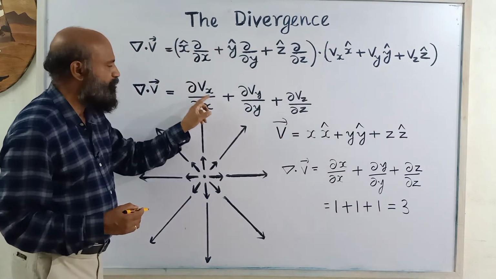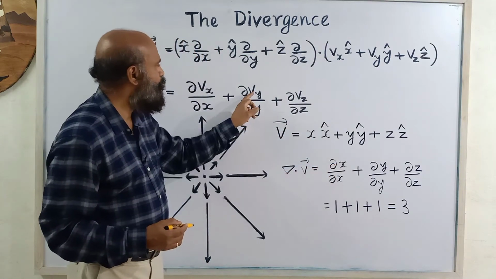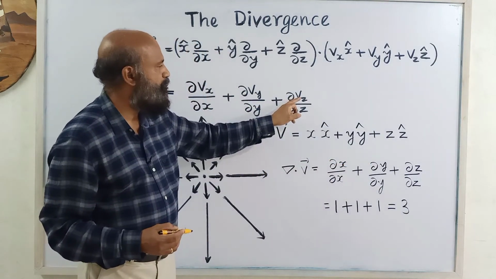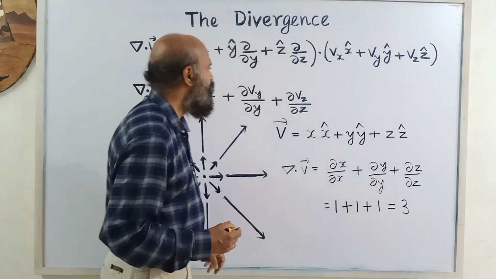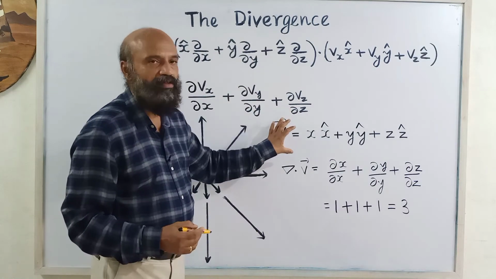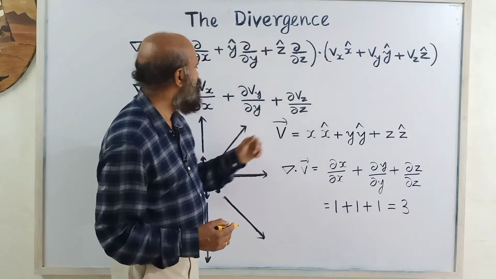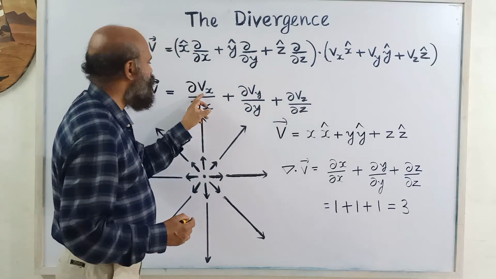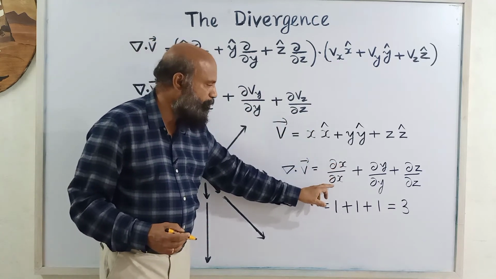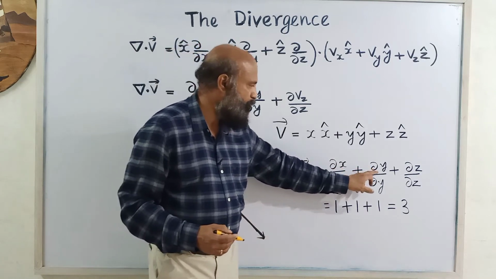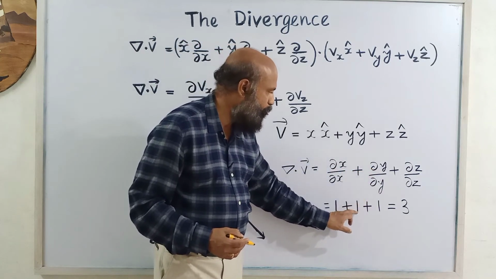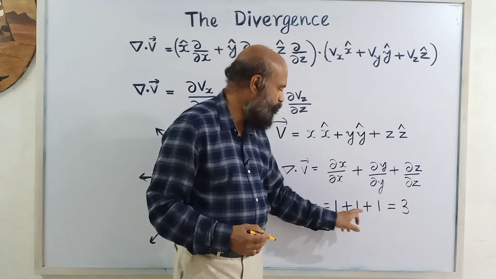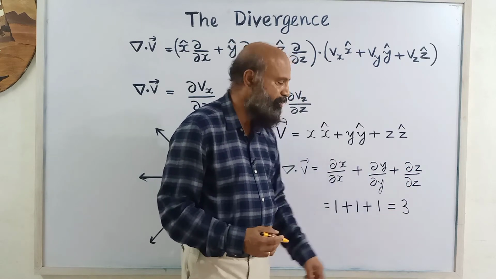So Vx is x, Vy is y, Vz is z. So dou x by dou x is 1, plus dou y by dou y is 1, plus dou z by dou z is 1. So 1 plus 1 plus 1, it's 3.